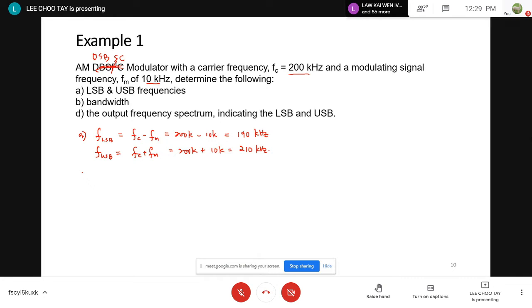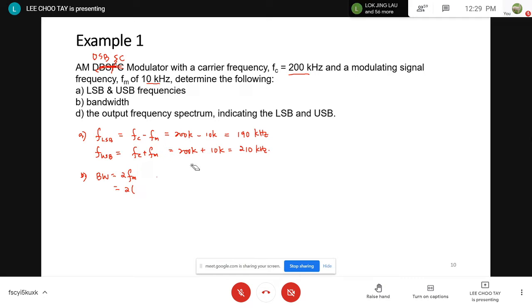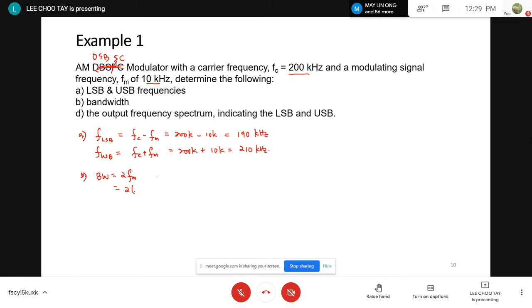Okay, then B, which is the bandwidth. We know that bandwidth is actually 2 FM, so that will give us 2 times 10K. I write slower than my brain, so I want to straight away write 20 kilohertz. The bandwidth is 20 kilohertz.